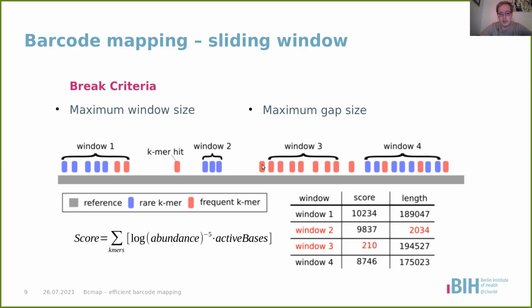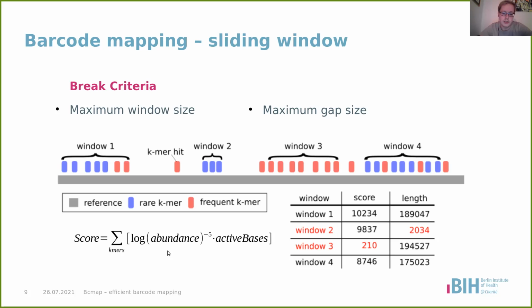Over here, if this k-mer belonged to window 3, we would violate the maximum window size criterion. And this one, for example, was chosen over that one to belong to the window because in this constellation, we would achieve a bigger score.